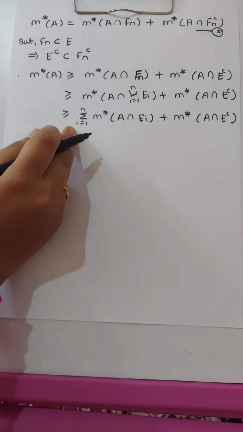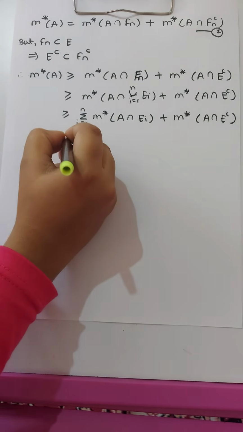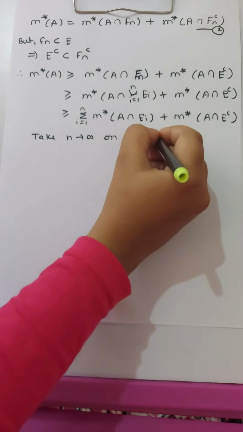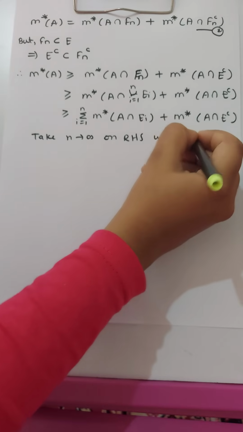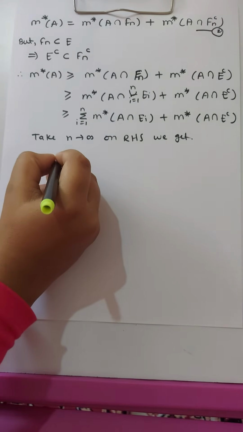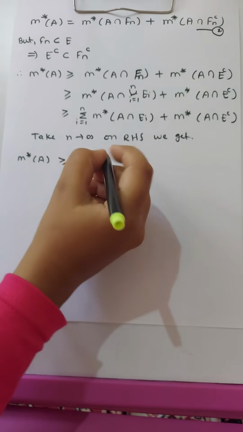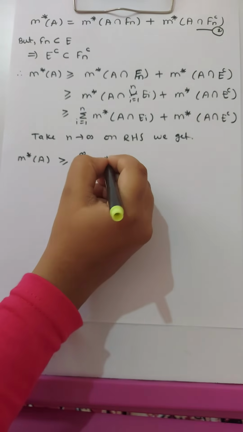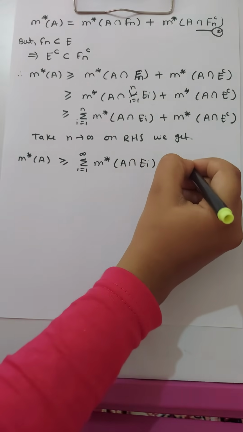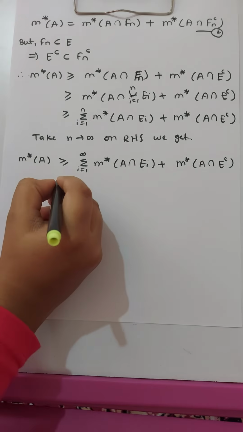Now taking n tends to infinity on the right-hand side, we get outer measure of A greater than or equal to the summation from I equals 1 to infinity of outer measure of A intersection EI plus outer measure of A intersection E complement.